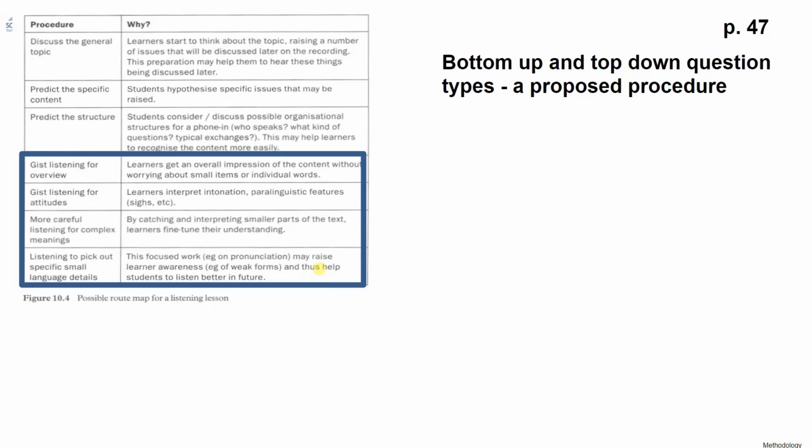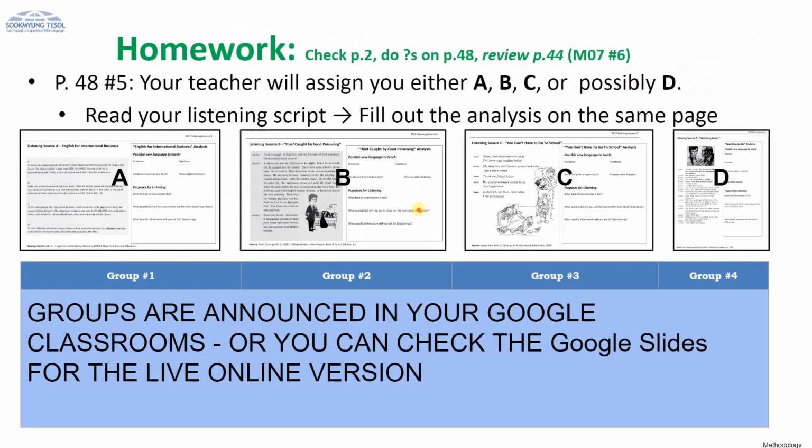Distinguishing sounds is half of pronunciation, as you know from your phonology lesson in SLA. And your homework is your teacher will assign you either A, B, C, or D, and groups are announced in your Google Classrooms, or you can check the Google Slides for the live online version.